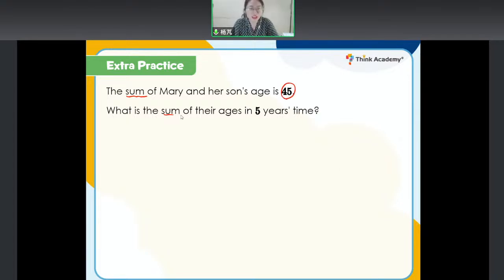What's the sum of their ages in 5 years' time? I give you 2 minutes. You can try it by yourself first. Be careful, the sum of their ages increases by 2 each year.